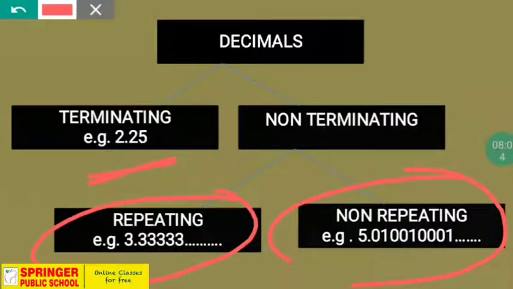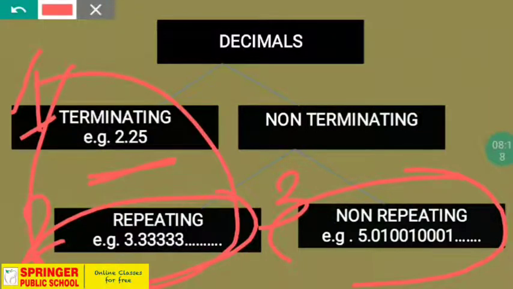So basically I can say decimals are of three types. The first one is terminating. The second one is non-terminating repeating, and the third one is non-terminating non-repeating. Out of these, terminating and repeating decimals are rational numbers because they can be written in the form p upon q. This you have studied in your previous classes.